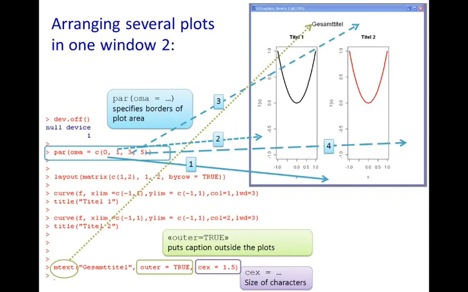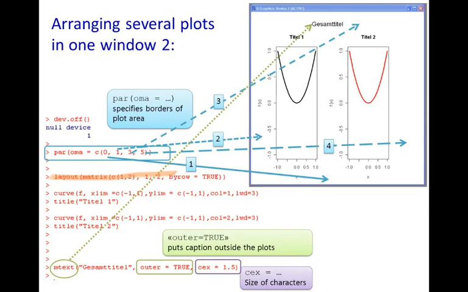So here we have a layout matrix that is just the other way around. The layout matrix is seen here. So now we have 1, 2 instead of 2, 1, giving plots that are horizontally arranged instead of vertically.